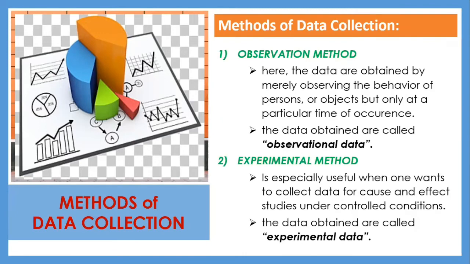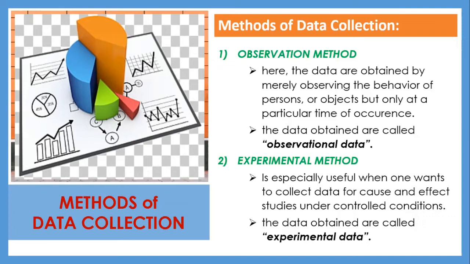If we say observation method, it is the most simple data collection technique. Here, the data are obtained by merely observing the behavior of persons or objects, but only at a particular time of occurrence. The data obtained is called an observational data.